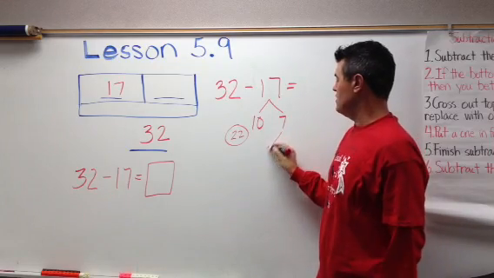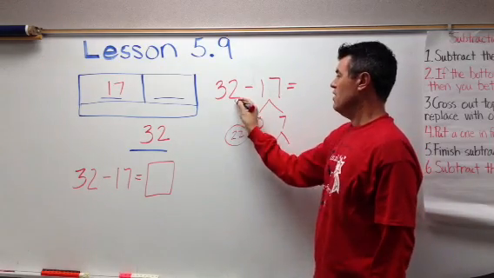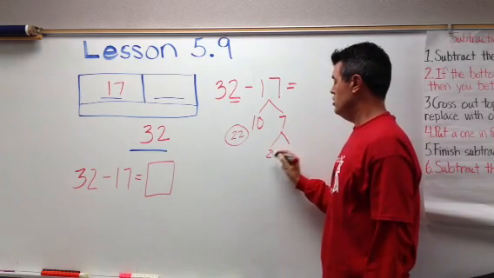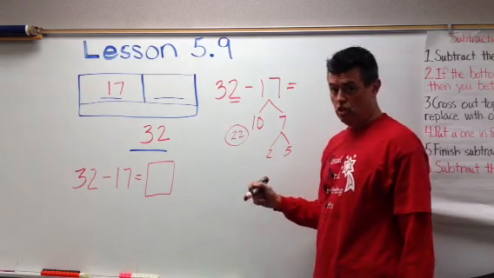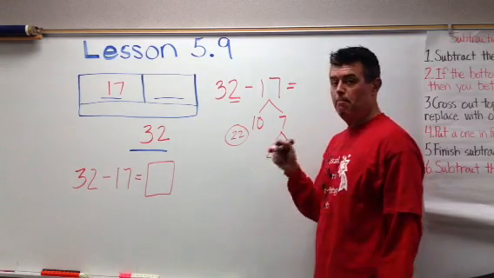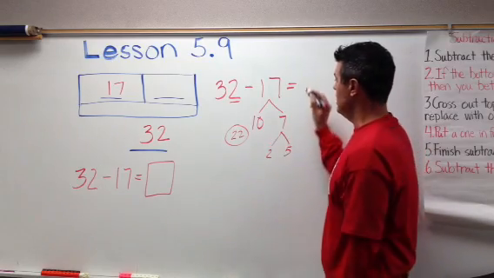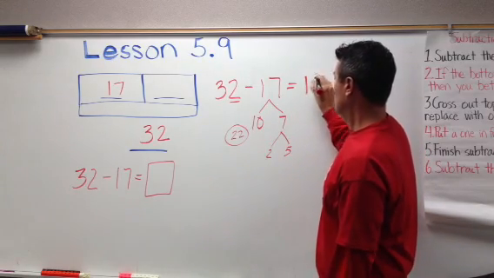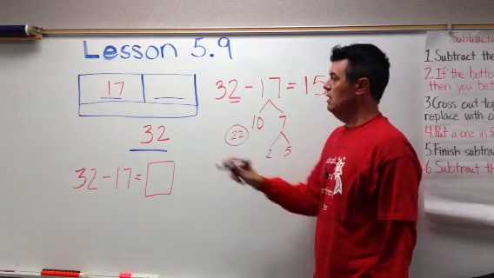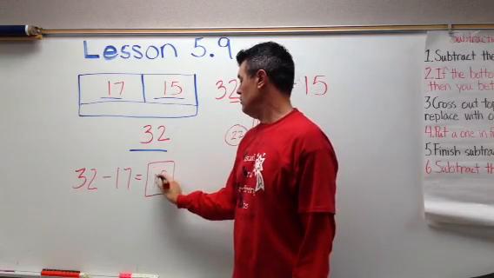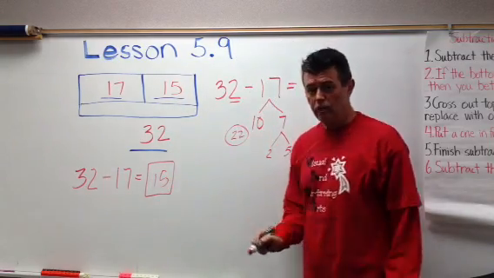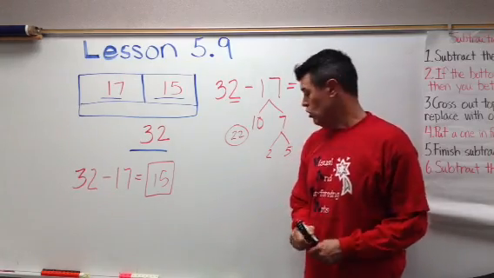Now we break apart the 7, and we focus on this digit to help us. 2 plus 5 equals 7. 22 minus 2 is 20, mental math, and 20 minus 5 is 15. That gives us our answer of 15. That should go there, okay? And maybe even there.